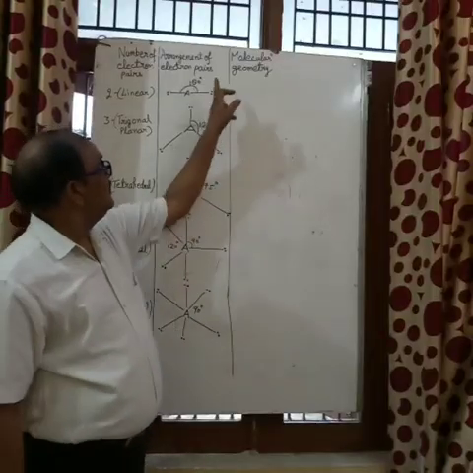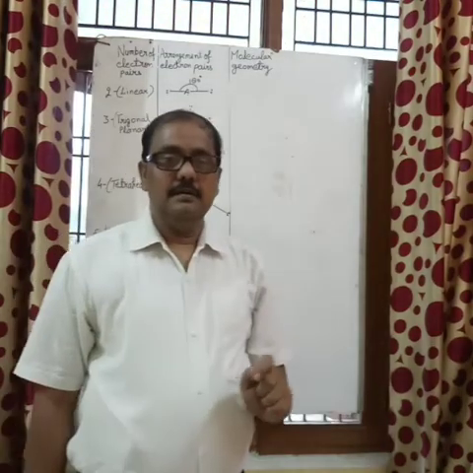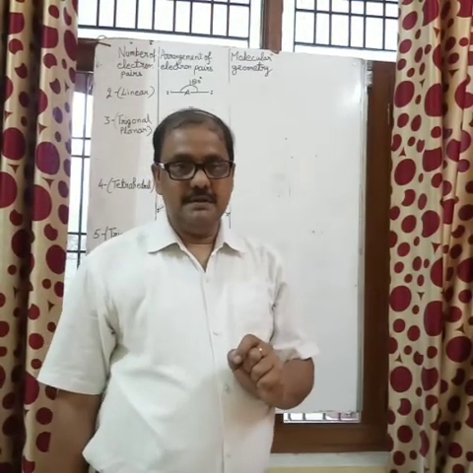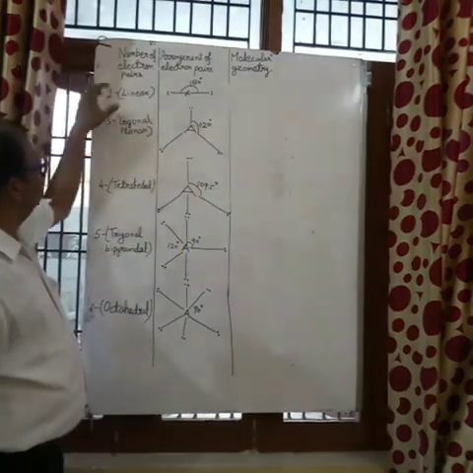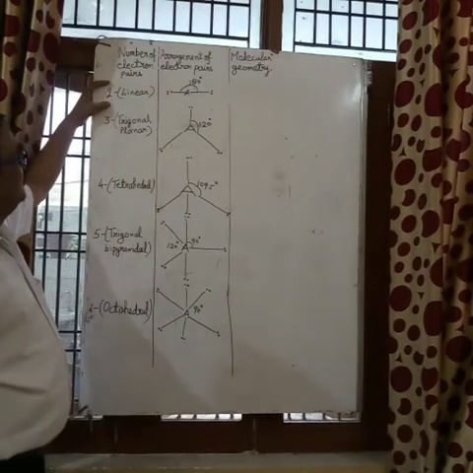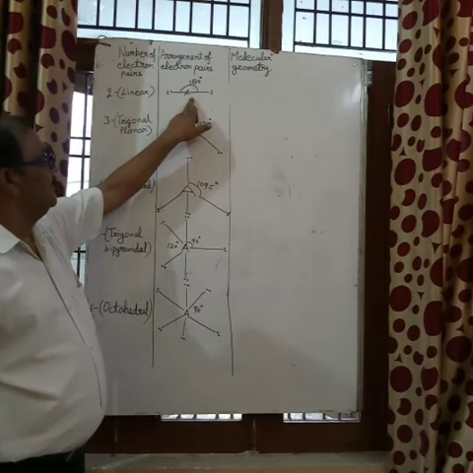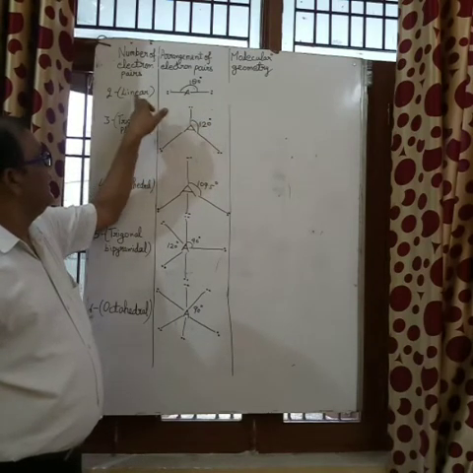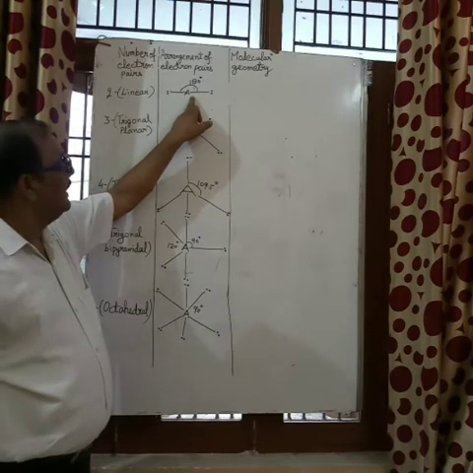Geometry of molecules which contain only bond pair electrons, with no lone pair electrons. First case, if the number of electron pairs is 2, then according to VSEPR theory, there is a linear geometry and a 180-degree bond angle.